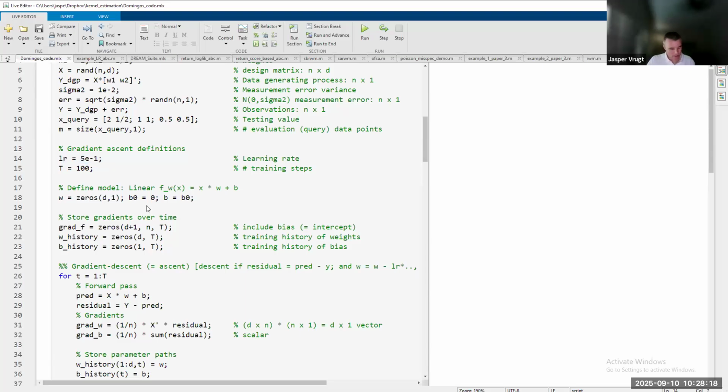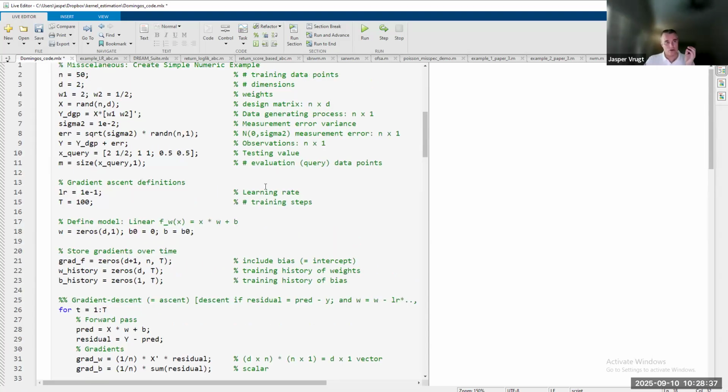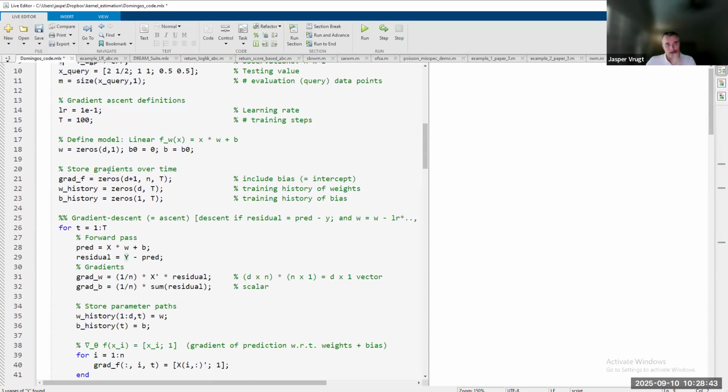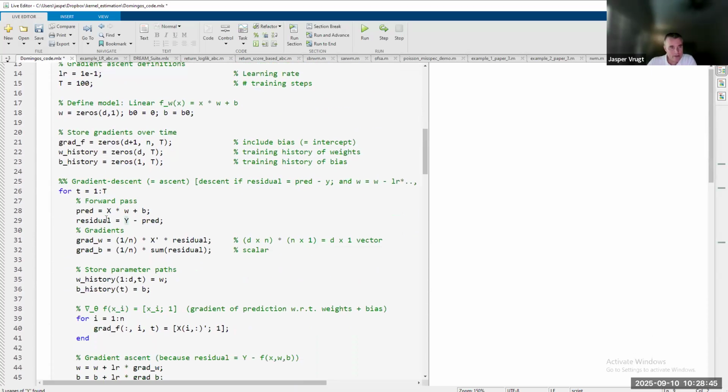We can set it smaller, no big deal. Between 0 and 1. And number of training steps. So now what we're going to do first is use the training samples with gradient descent to determine W1 and W2. They should come out to about these values because they were used to create the data Y. So here is gradient descent implemented.